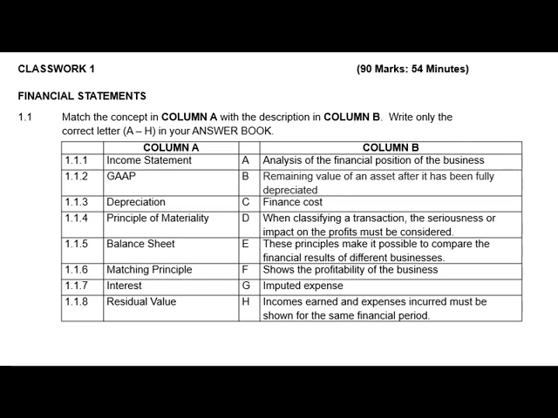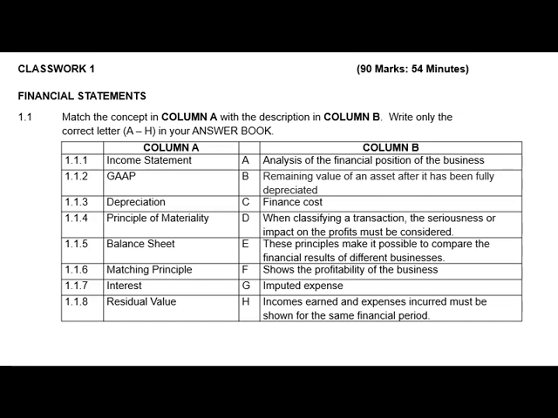Now, what is your income statement? All I know is that the income statement shows the performance of the company, where it deals with income earned and expenses incurred. So I will look at what I've got in column B. They said analysis of financial position of the business, incorrect. Remaining value of an asset after it has been fully depreciated, incorrect.